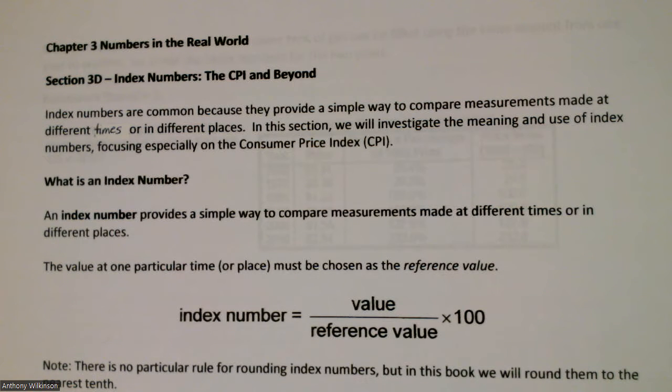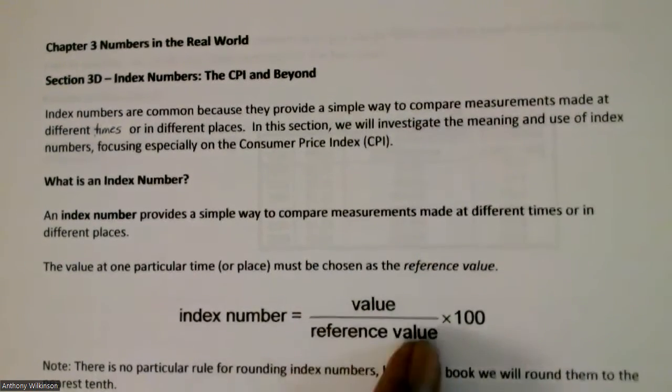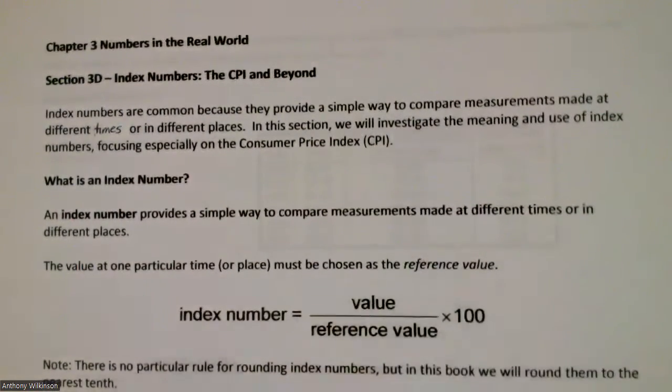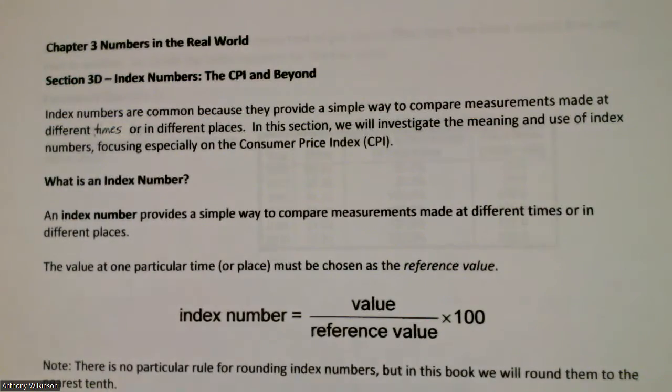An index number provides a simple way to compare measurements at different times or in different places. The value of one particular time or place must be chosen as the reference value. And to calculate the index number, we take the value, divide that by the reference value, multiplied by 100.